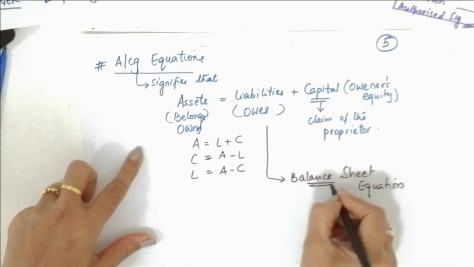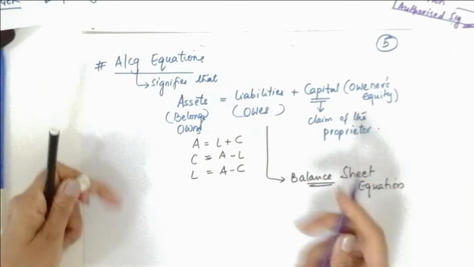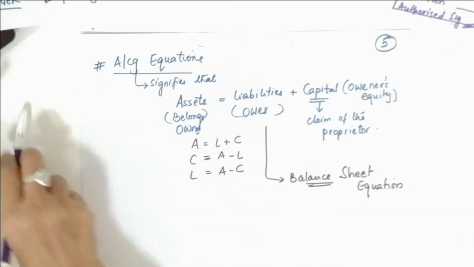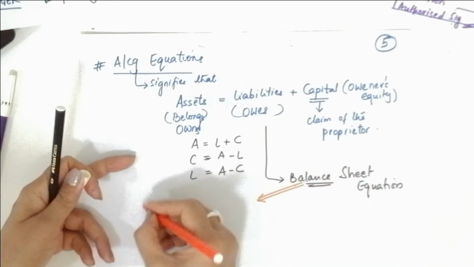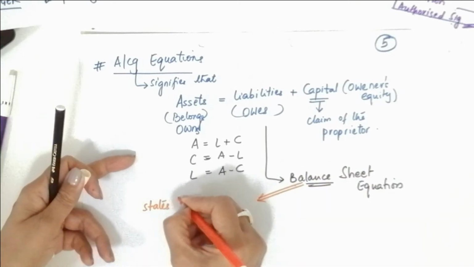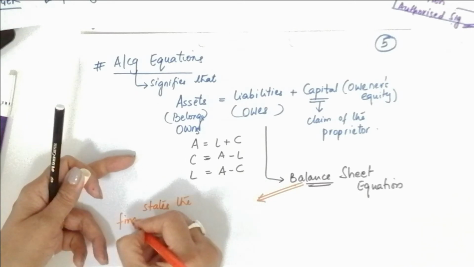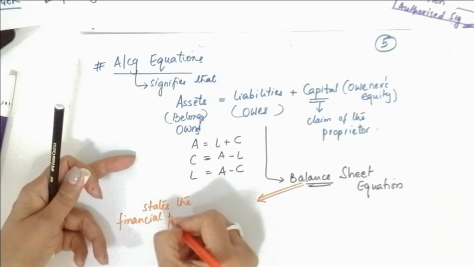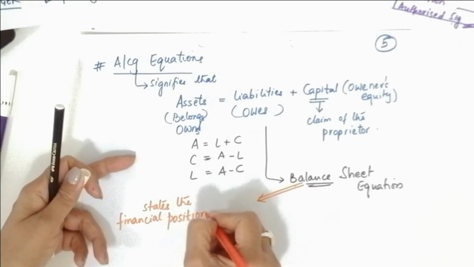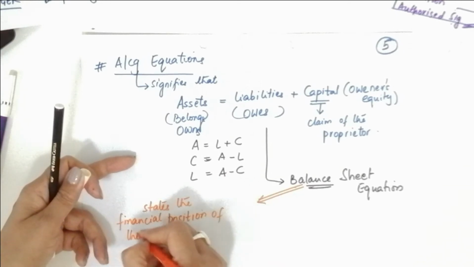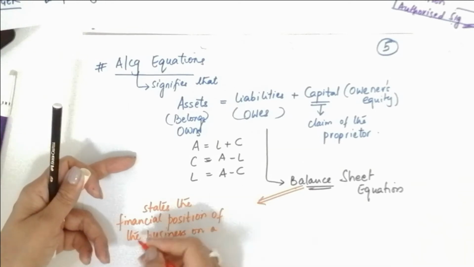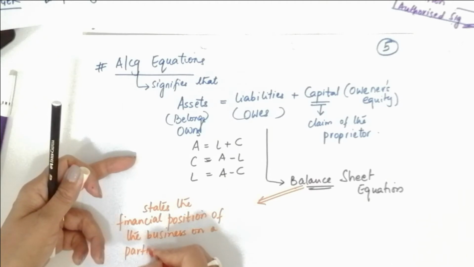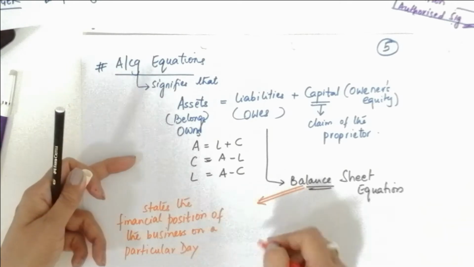Now, what is balance sheet? I told you, I'll tell you, right? What is balance sheet? Balance sheet states the financial position of the business on a particular day, or as on that day.